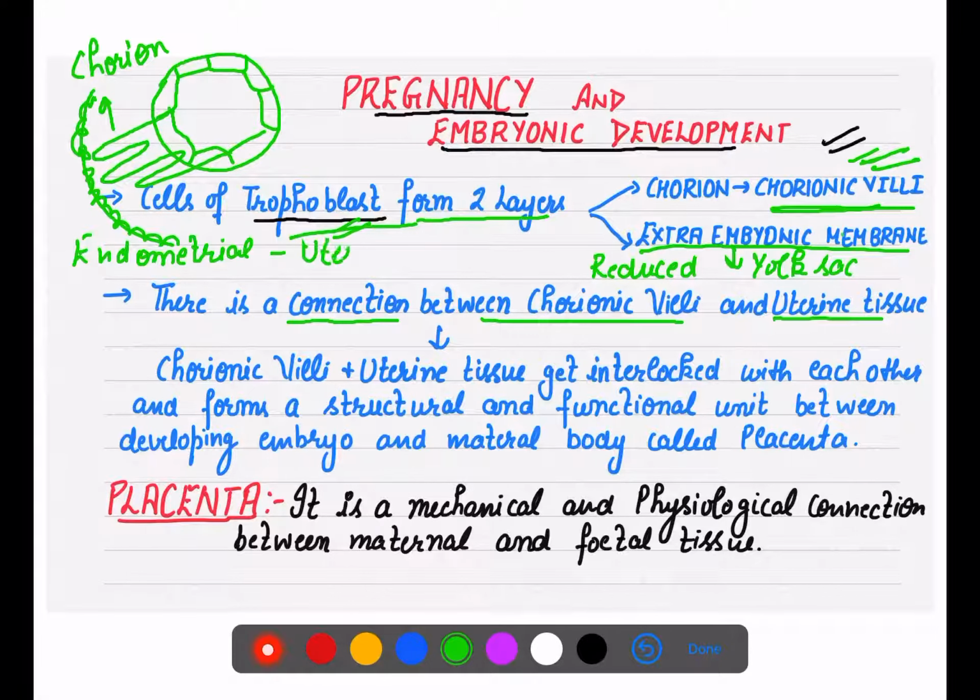This is the lining of the uterus. So we are saying there is a specific connection between these finger-like projections, which we are calling chorionic villi, as well as this uterine tissue. Now that connection is actually the placenta.